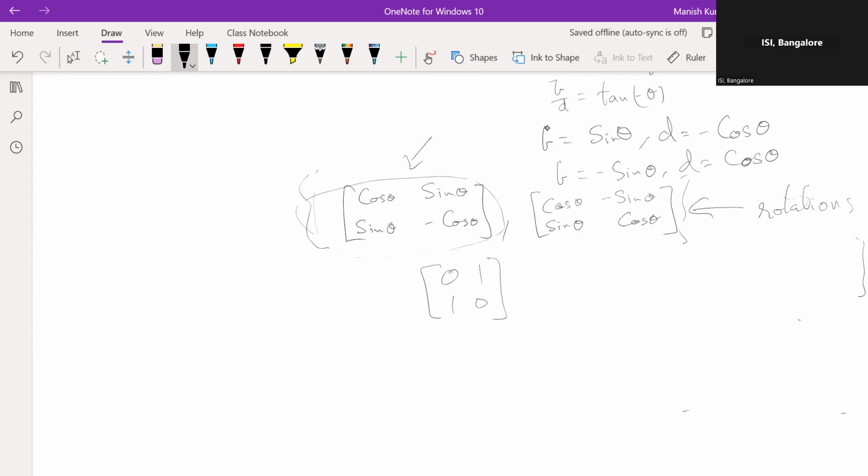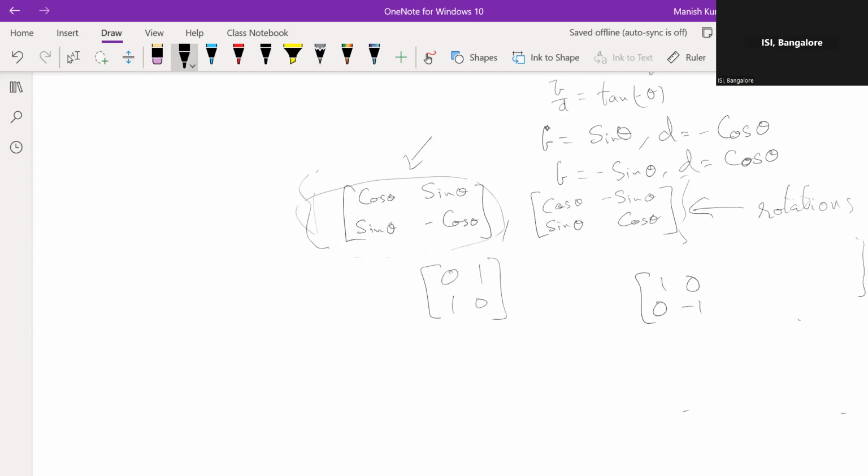It is a reflection. So this and this together should generate. But there is another reflection, 1, minus 1, 0, 0. This is a reflection along some other, more complicated axis. This is the reflection along the x-axis. Y becomes minus y.